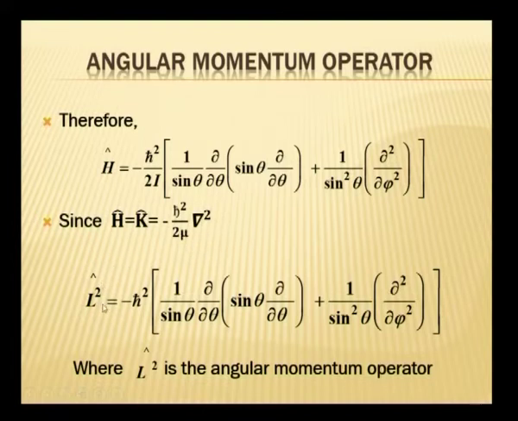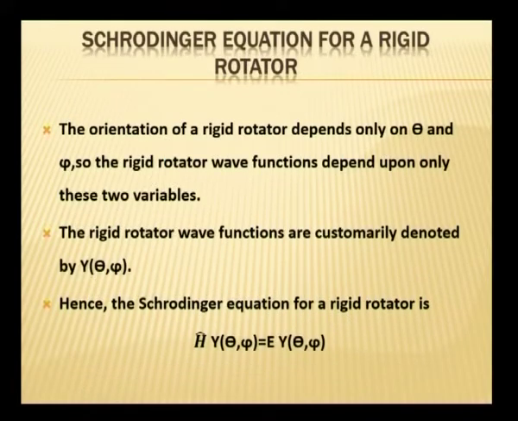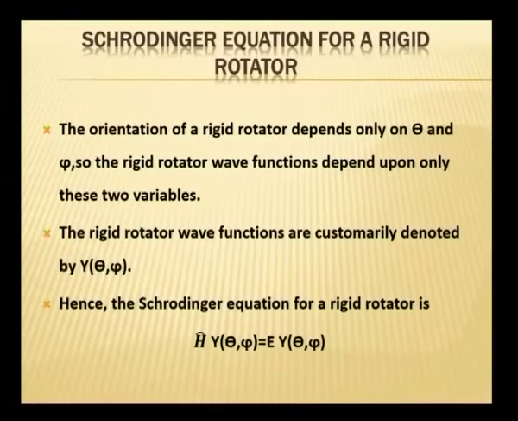Your L square, the angular momentum operator, will be minus h bar square into 1 by sin theta dou by dou theta, the entire thing that you have here, right. The orientation of a rigid rotator depends only on theta and phi, so the rigid rotator wave functions depend only on the two variables theta and phi. R is not appearing because r is assumed to be constant.